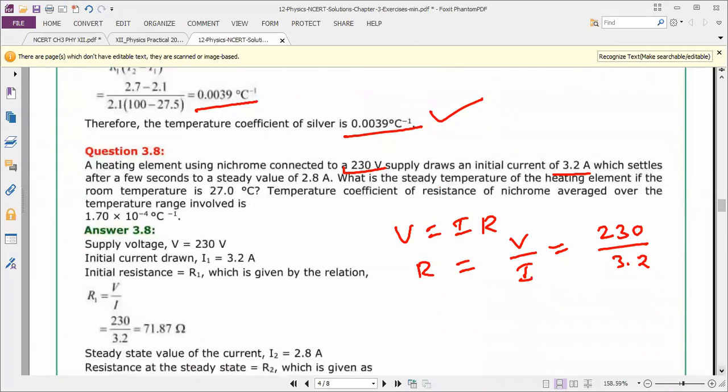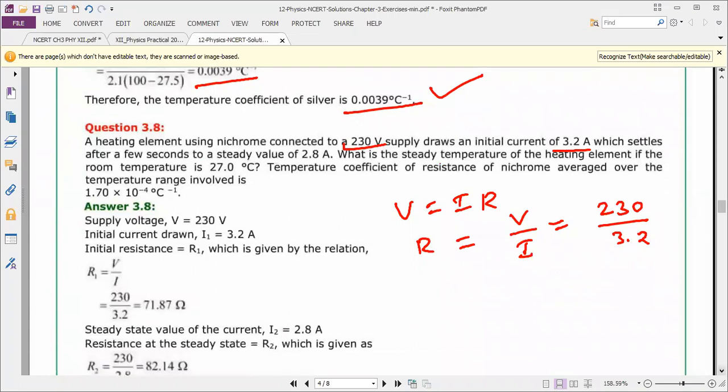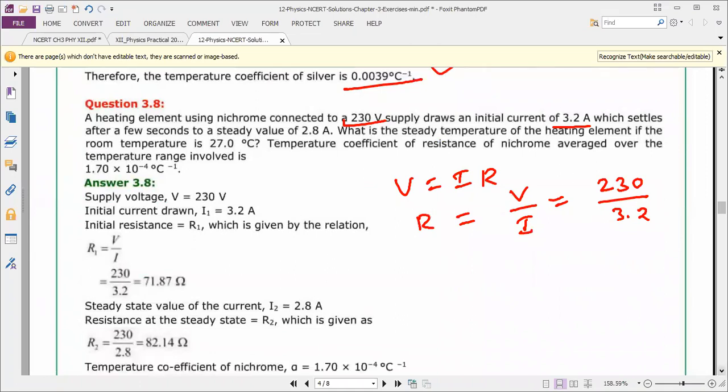Next, you can follow the same thing for R2 also, with the temperature coefficient of nichrome, the alpha value they gave. R2 value is 230 divided by 2.8. The increased resistance value is 82.14 ohm. So this is our equation number 1, this is equation number 2.